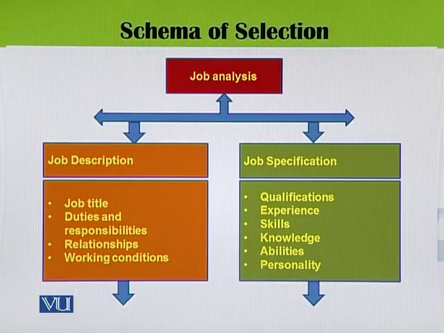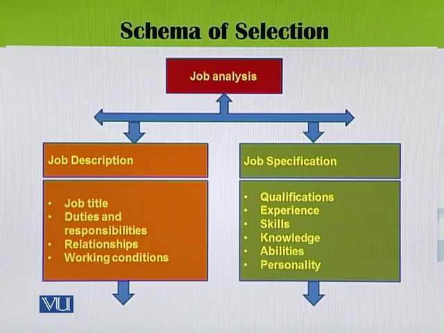Then, based on that strategy and its interaction with the culture, system, structure, and the people, there would be a job analysis. We have to analyze any particular job. And when you analyze any particular job, there are two main outcomes. One outcome is a job description, and the second outcome is a job specification.